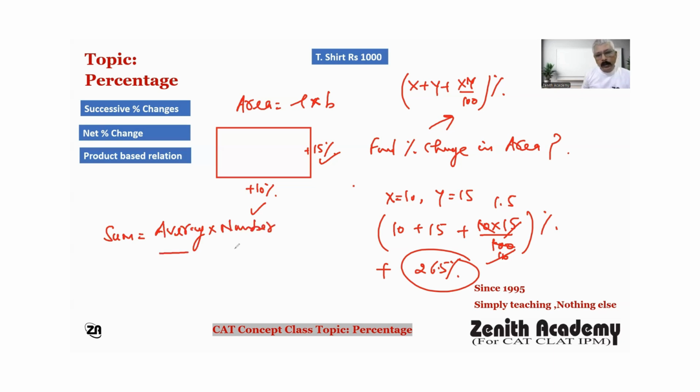If there is any change, like if I say 10% change in an average value and 15% change in the number of data, then the sum will change by 26.5%. Okay, so this is a very, very important formula for two successive changes.